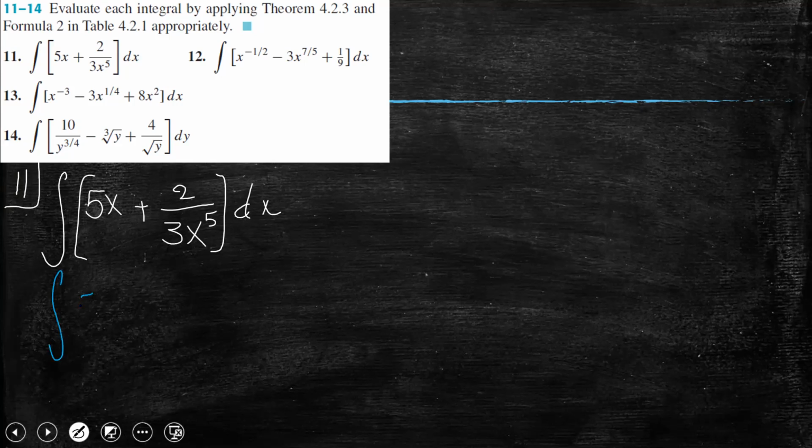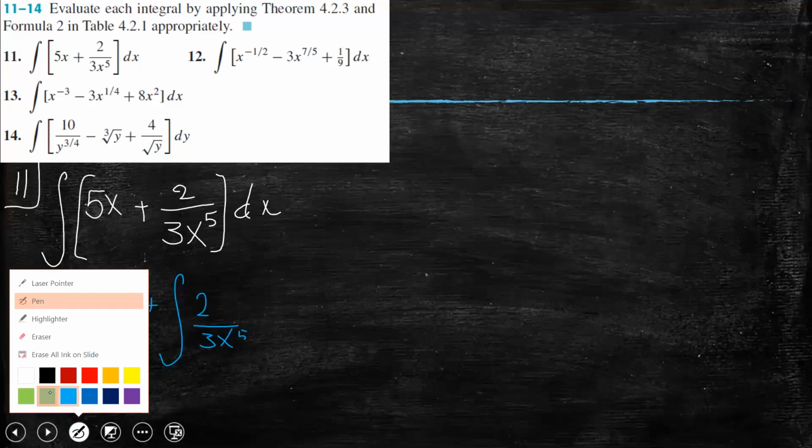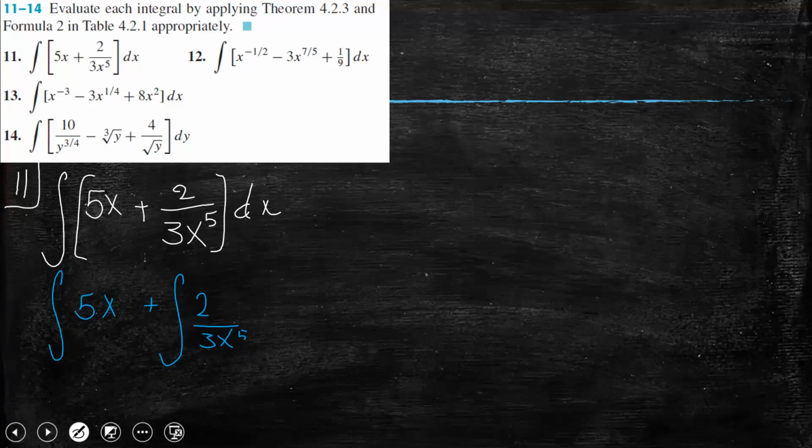So it's like 5x plus the integration of 2 over 3x to the power 5. Here we have 5 as a constant, so let's put it like 5 integration of x plus 2 over 3, and then here I will write x to the power negative 5.